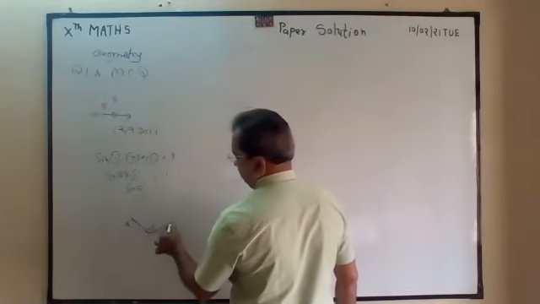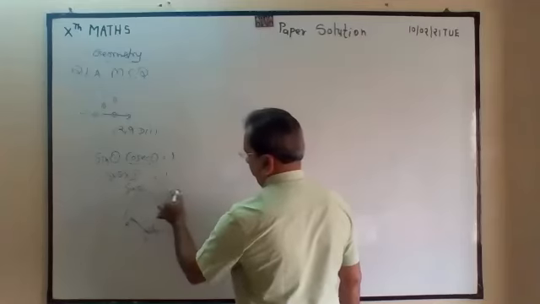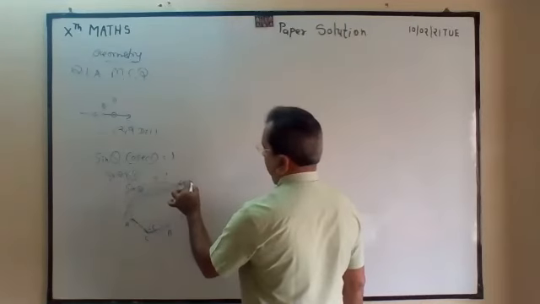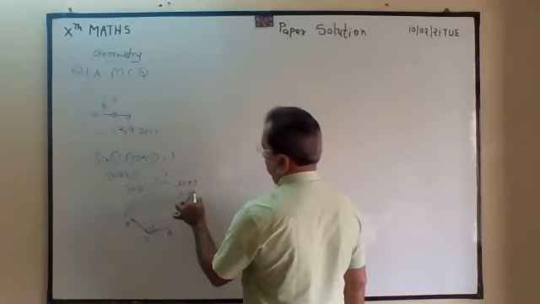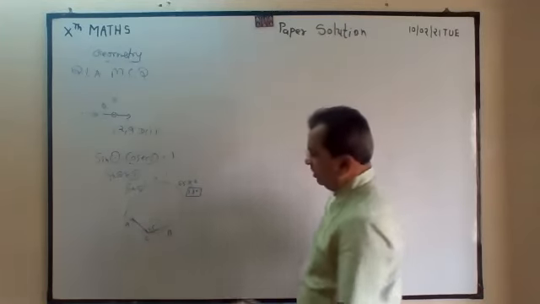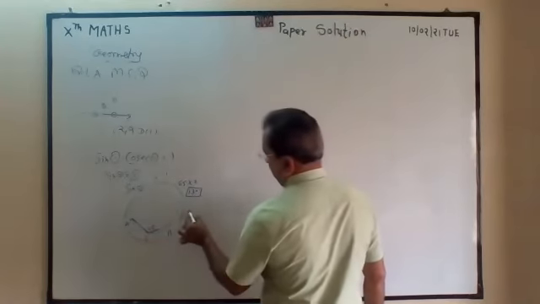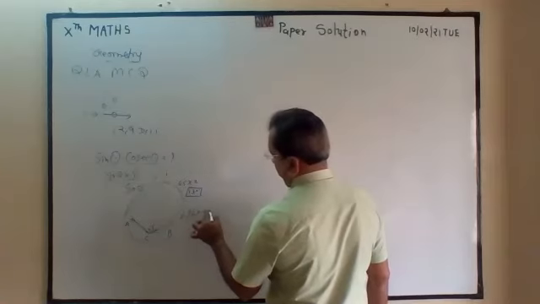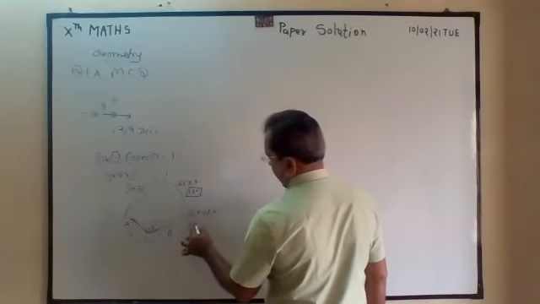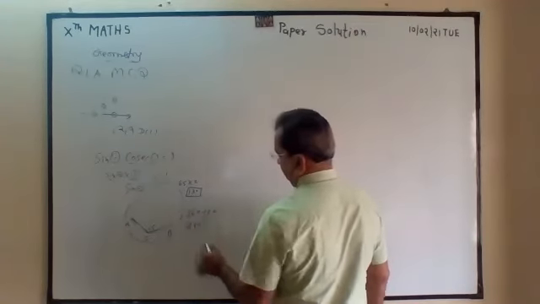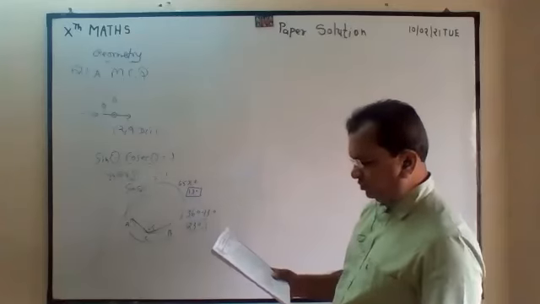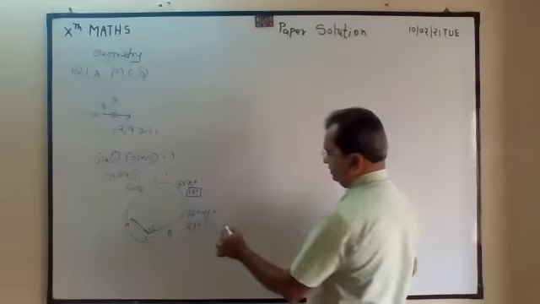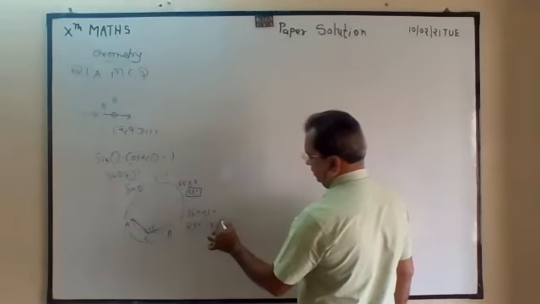If this is 65, so this is double. Correct? But we want this arc. So 360 minus 130, 230, again it is D. Second answer.